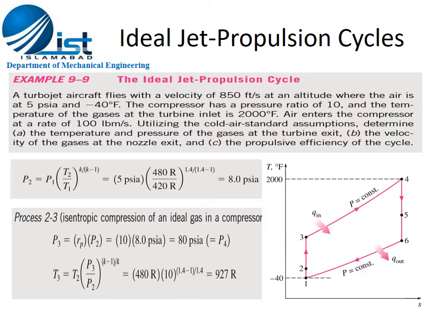P3 by P2 is equal to Rp, which is pressure ratio. As the compressor pressure ratio is given as 10, put the value of 10 and P2 value 8. We have P3 equal to 80 psi.